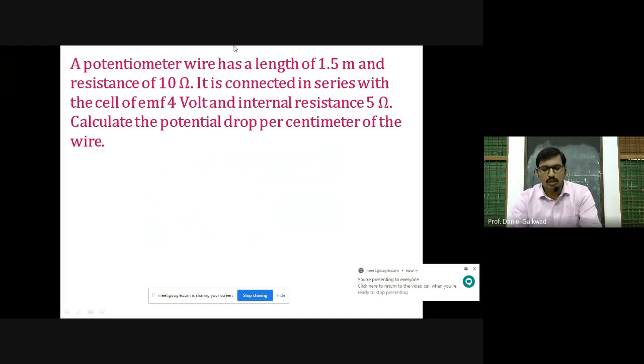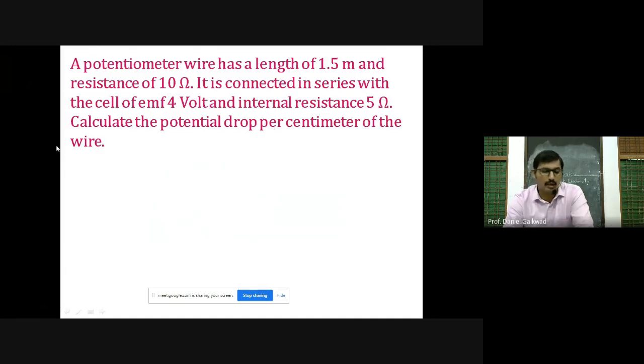A potentiometer wire has a length of 1.5 meter and resistance of 10 ohm. It is connected in series with the cell of EMF 4 volt and internal resistance 5 ohm. Calculate potential drop per centimeter of the wire.